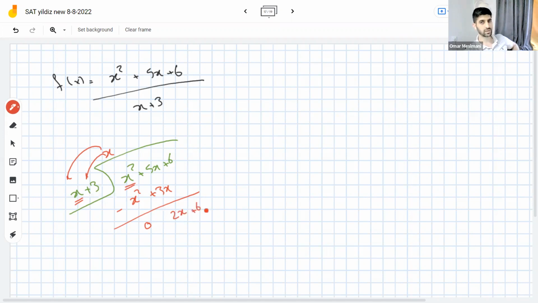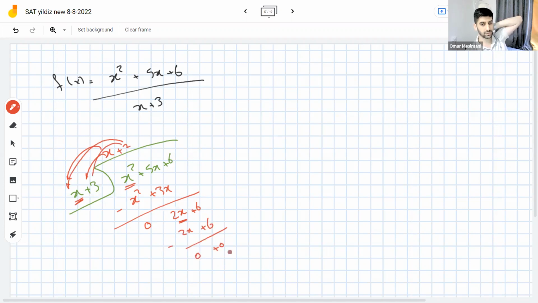Okay, Radwa, what is next now? Take the first term in here with the first term in there. You divide the 2x by x, you get the answer as a 2. Multiply the 2 by x is going to be 2x. Multiply the 2 by 3 is going to be 6. And then you subtract, what do you get? 0 and a 0.